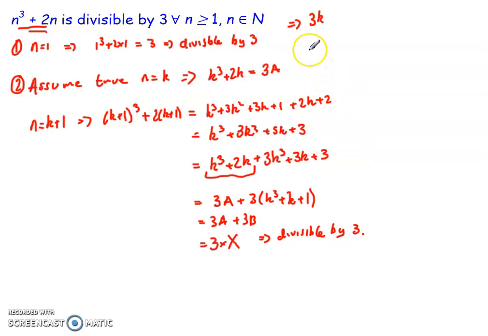So what I've done is I've shown it holds for the first value, I've assumed it's true for a generic one, which then leads me to show it's true for the next value.